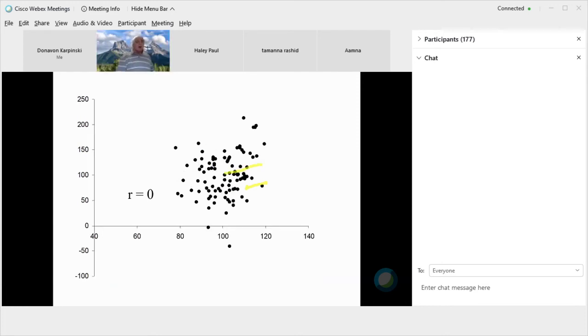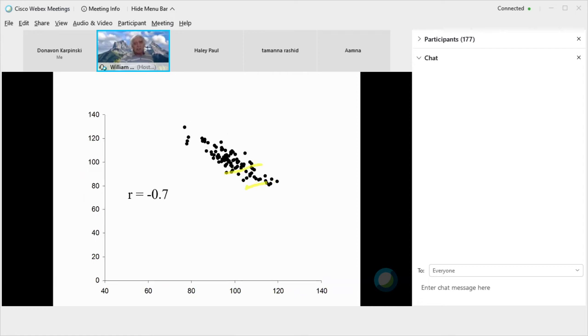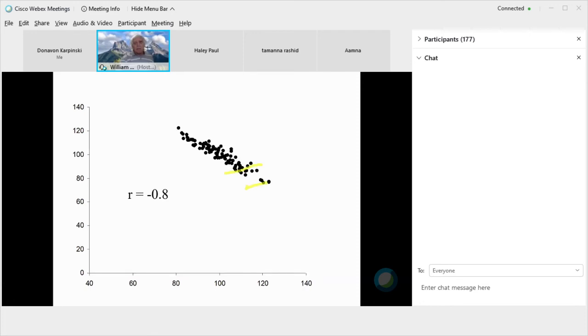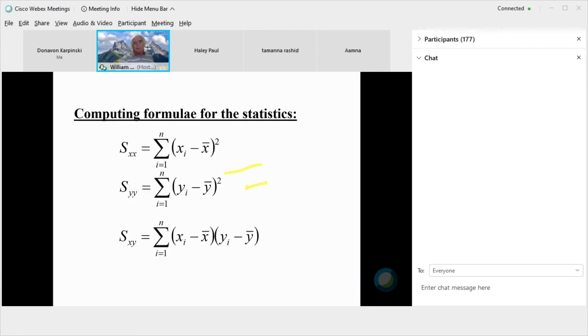When there's no relationship, r is equal to 0. Then if there's a small negative relationship, r is a small negative value. As the absolute value of r goes up to 1, the data gets closer and closer to a straight line.